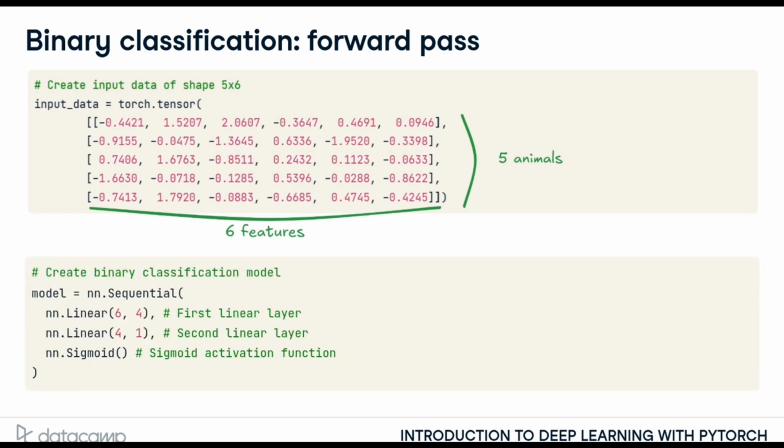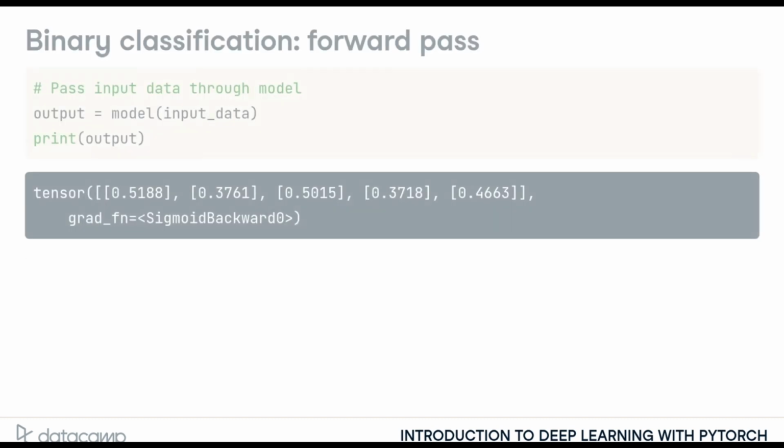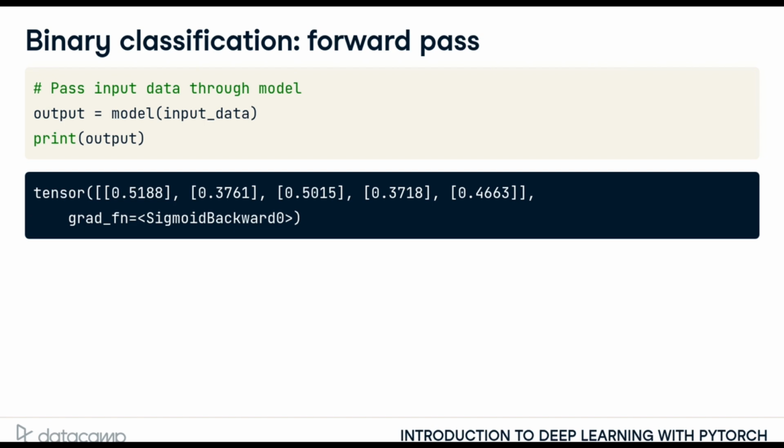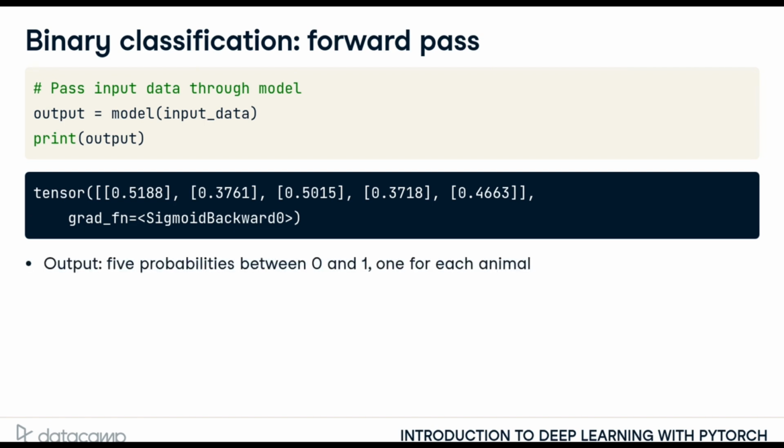We create a small network with 2 linear layers and 1 sigmoid activation function in sequence. The first layer takes 6 features as input, outputs 4, and the second layer processes this into a final probability. The output of our binary classification is a single probability between 0 and 1 for each of our 5 animals.